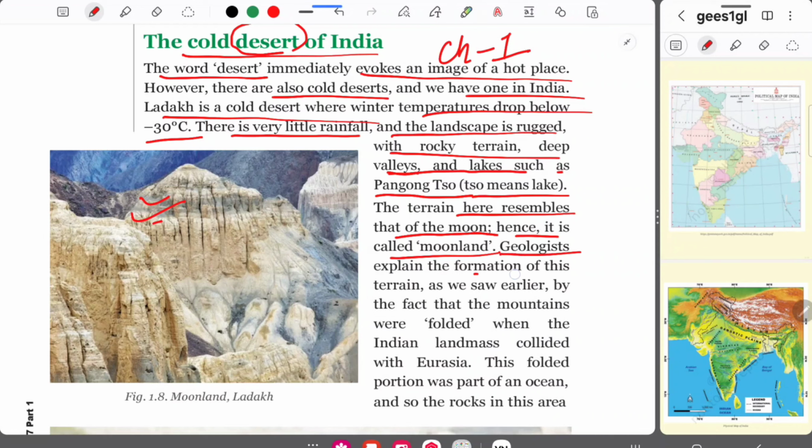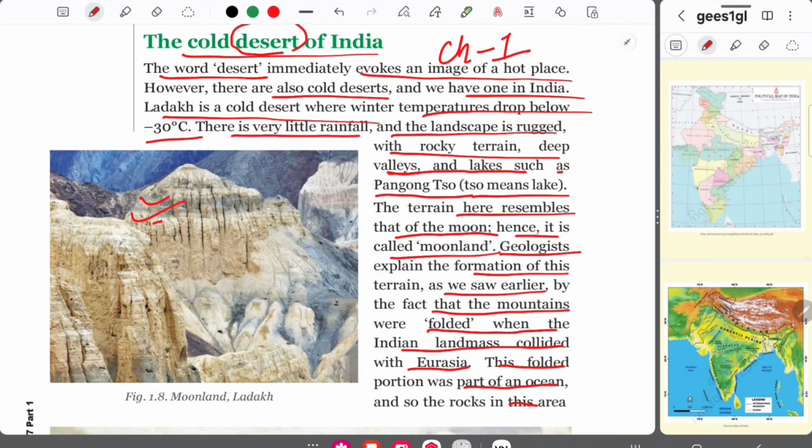Geologists explain the formation of this terrain, as we saw earlier, by the fact that the mountains were folded when the Indian landmass collided with Eurasia. This folded portion was a part of an ocean, and so the rocks in this area are made of clay and sand.